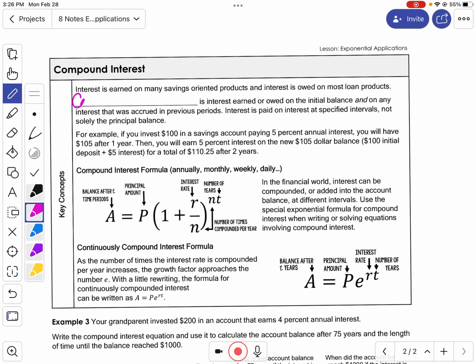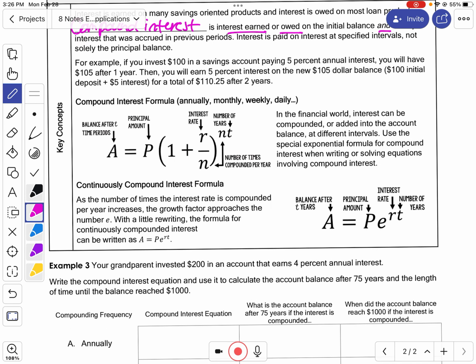So compound interest is the interest earned or owed on an initial balance and on any interest that has occurred in previous periods. Interest is paid on interest at specified intervals, not solely the principal balance. For example, if you invest $1,000 in a savings account paying 5% annual interest, you will have $105 after 1 year.